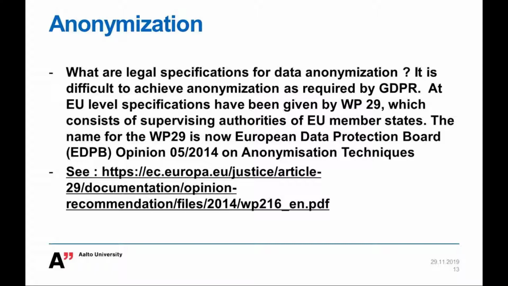The name for it is now the European Data Protection Board, and it gives guidelines on personal data use. So the guidelines given by previously Working Party 29 and now the European Data Protection Board are a very valuable authoritative source on how personal data should be processed. Look at these guidelines to find more information.